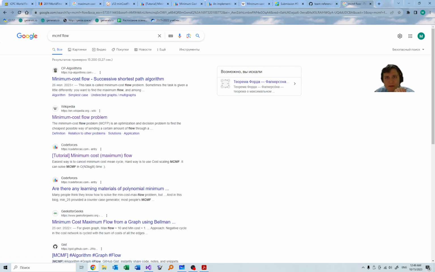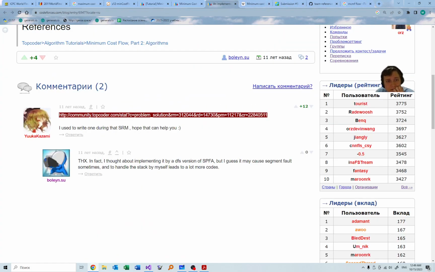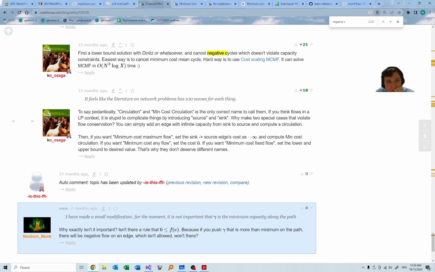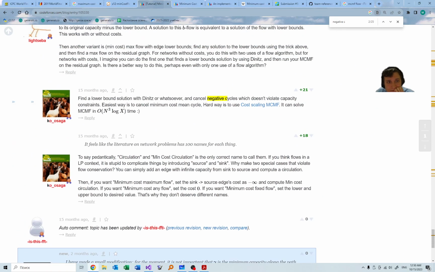Ah, MCMF is min cost max flow. Okay. How to find minimum cost mean cycle?